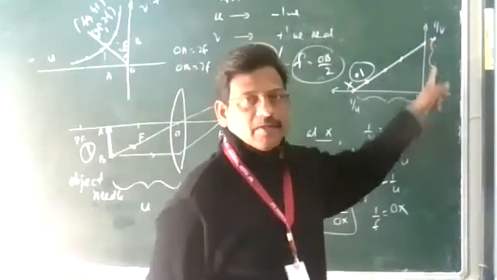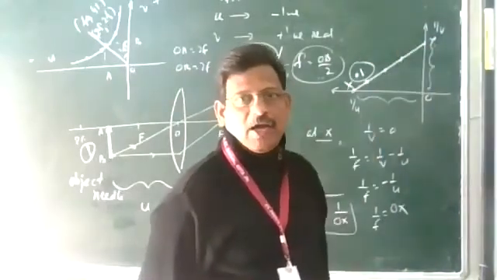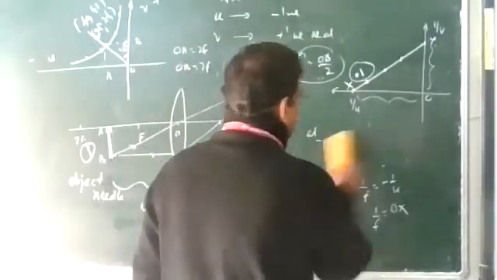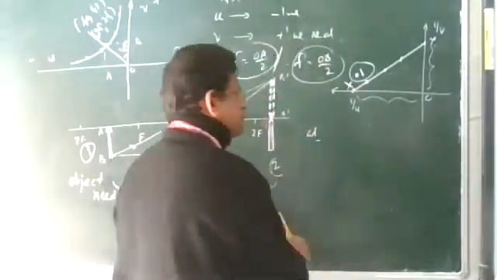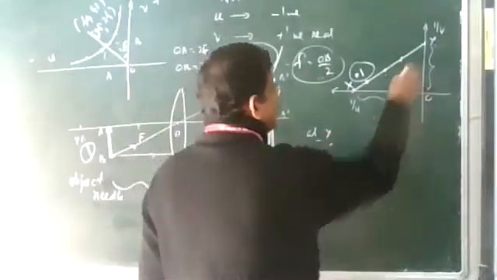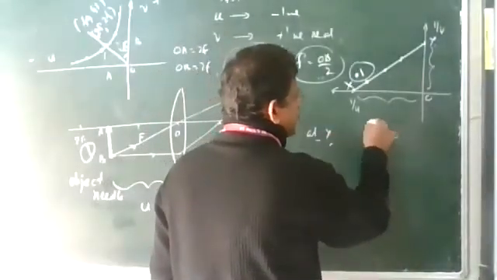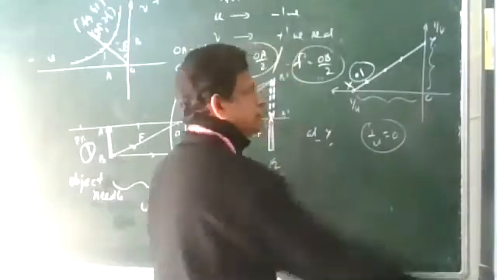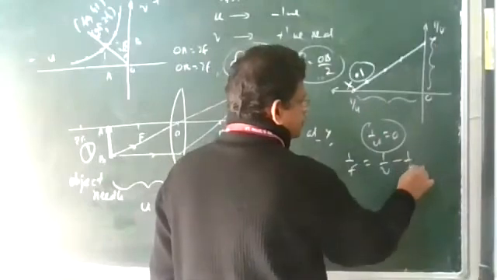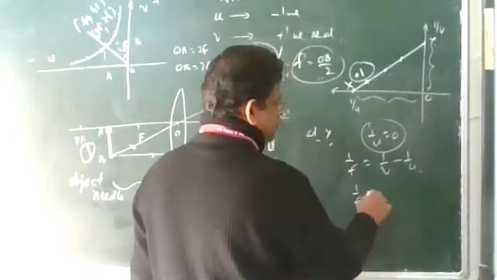Similarly, on the Y coordinate, the X coordinate value is 0. Similarly, when I take the value on the Y coordinate, 1 by U value is 0, X coordinate is 0 at this point. Again 1 by f is equal to 1 by v minus 1 by u, so 1 by f is equal to 1 by v.